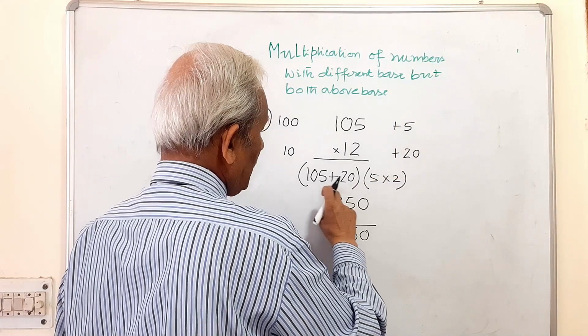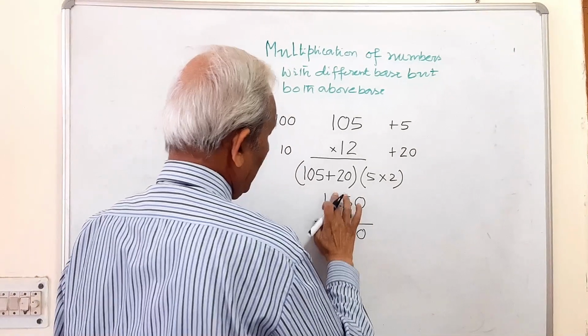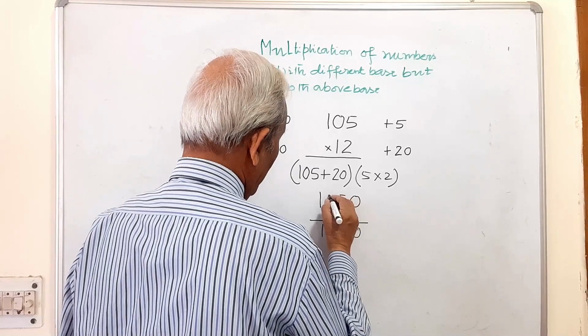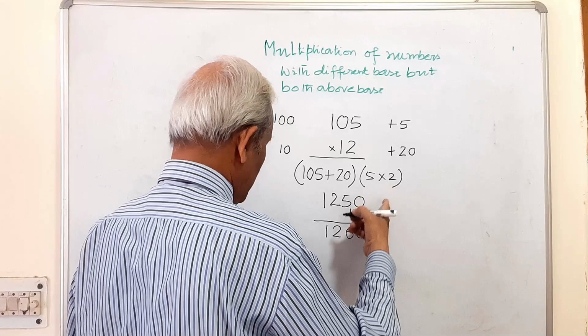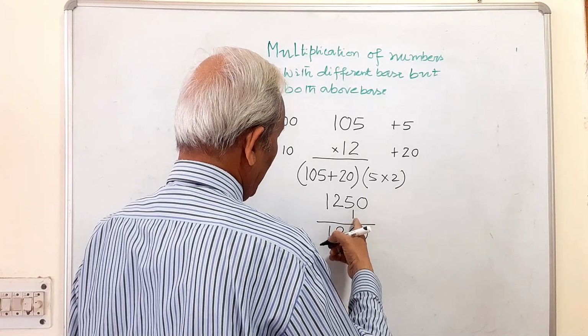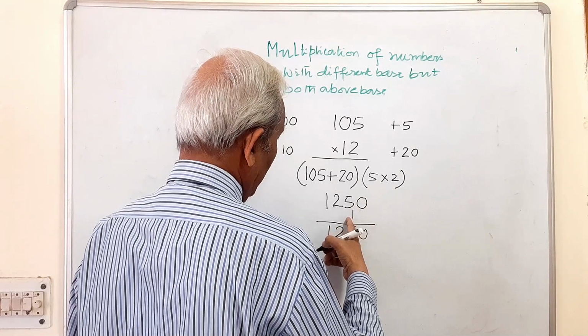So here it becomes 125, and then 5 into 2 is 10, so it becomes 0, one digit here and one carried here.